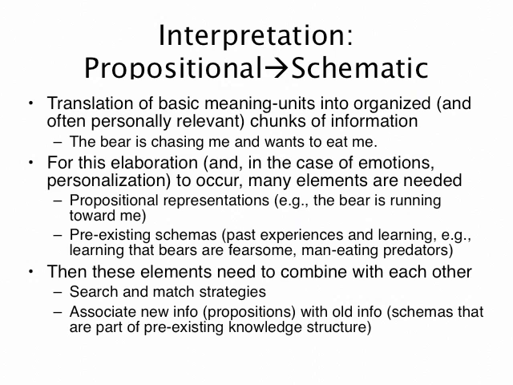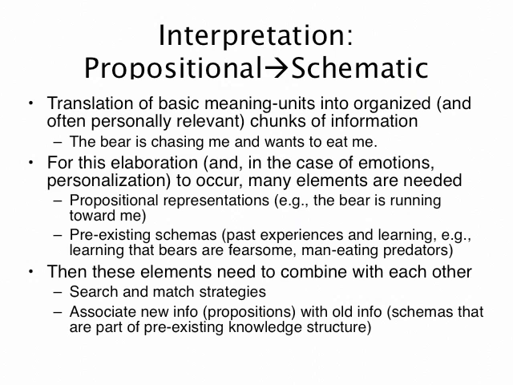So you rely on the current propositional representations that have been formed on the basis of your analogical representations, i.e. the bear is running towards me, and then your pre-existing schemas. You have a schema that you've learned that bears are fearsome, man-eating predators. You've learned what a grizzly bear is, essentially the stuff in your long-term memory. And then you combine those elements with each other.